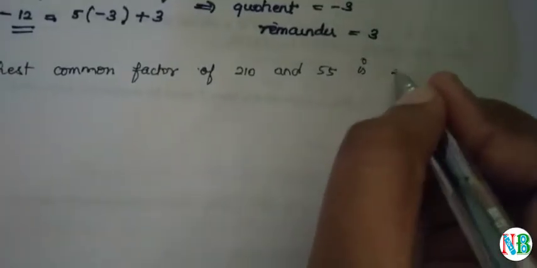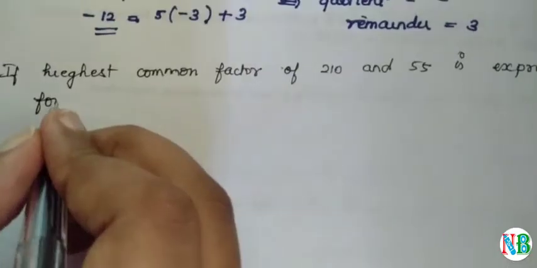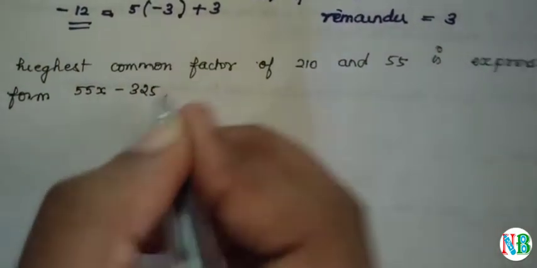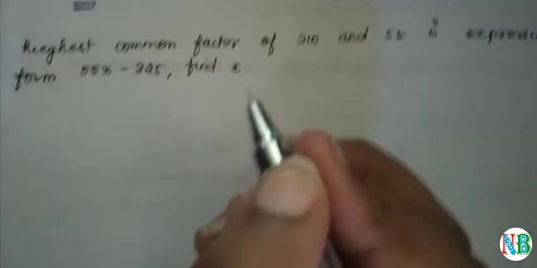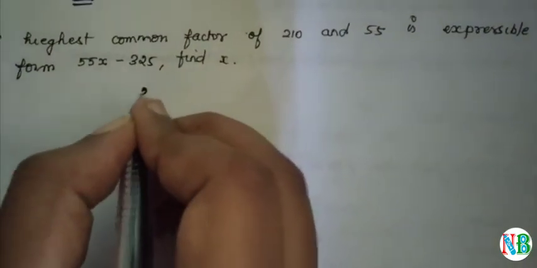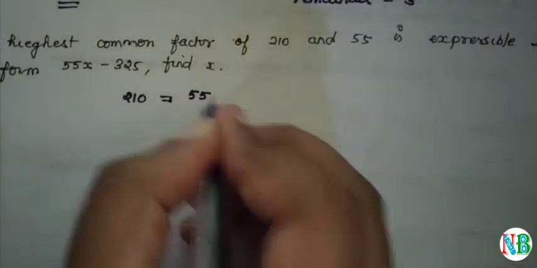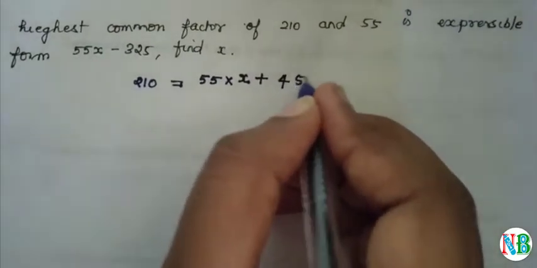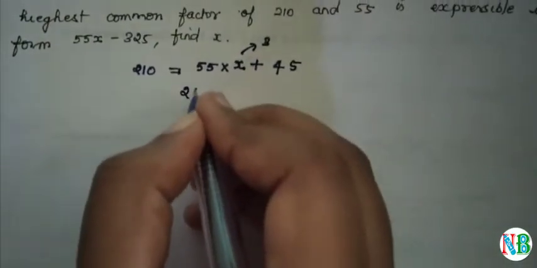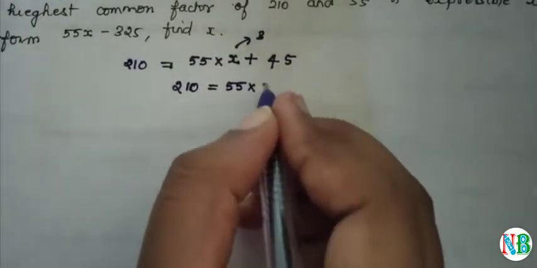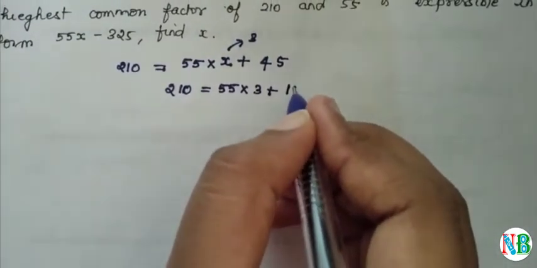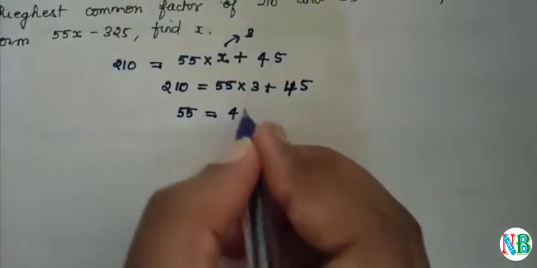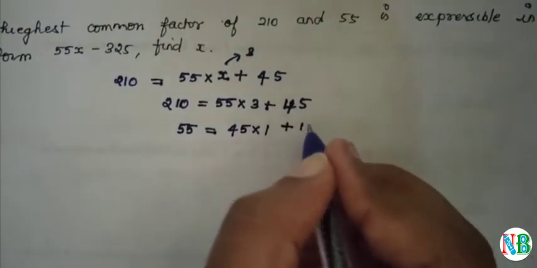If the highest common factor of 210 and 55 is expressed in the form 55x - 325, find x. So 55x - 325 is equal to the HCF of 210 and 55. Firstly, we'll find the HCF. 210 can be written as 55 × 3 + 45. Now 55 can be written as 45 × 1 + 10.